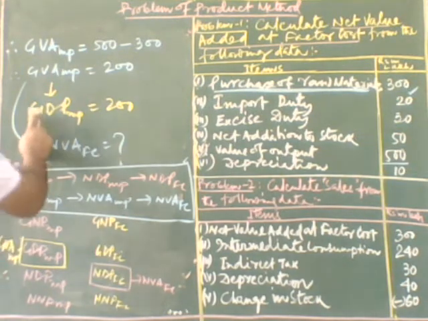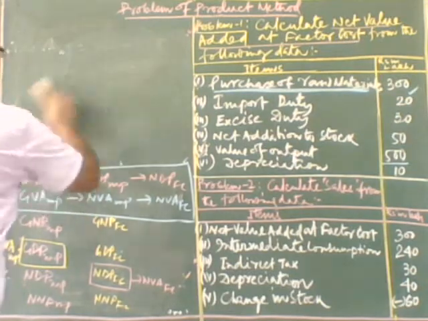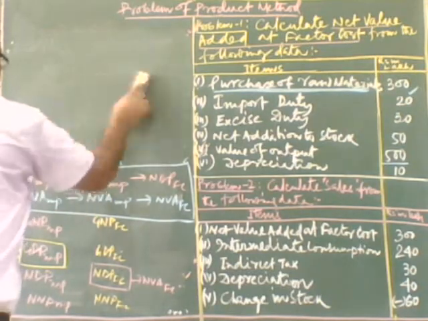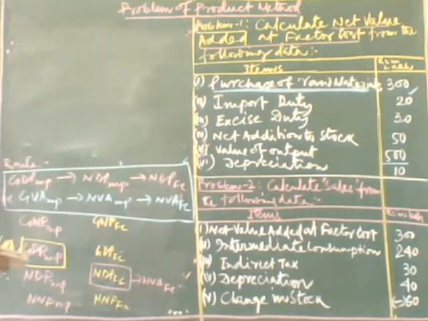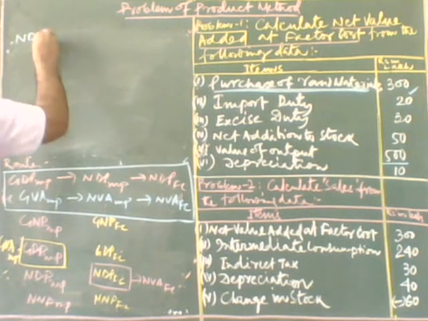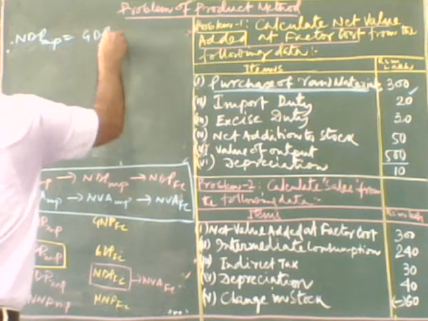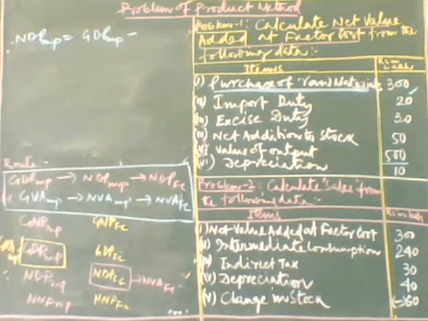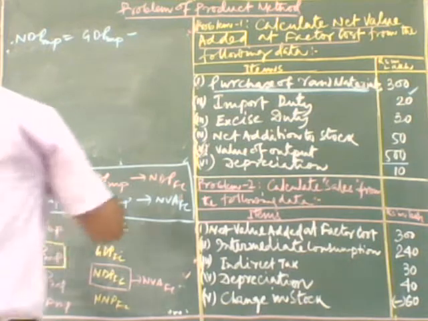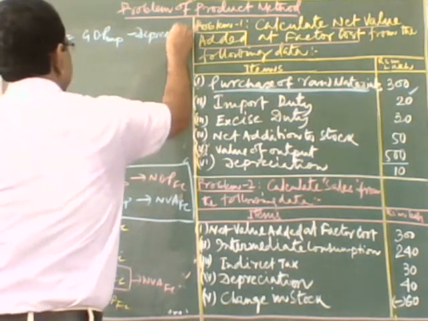Therefore, NDP market price is equal to what? GDP market price. Here the relation is gross and net. The bridging component is depreciation. So NDP market price is equal to GDP market price minus depreciation.